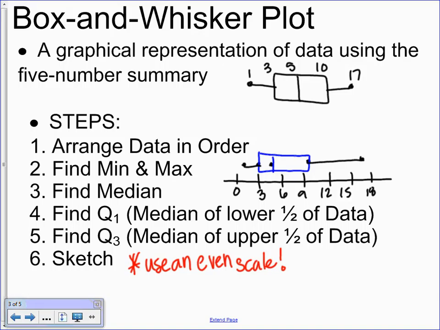But on the right side of my box and whisker plot, my data starts to get more spread out. So whatever my numbers are, they're further away from each other, and there's more distance between the different data values. So you want to use an even scale so that you can see some of that spread.